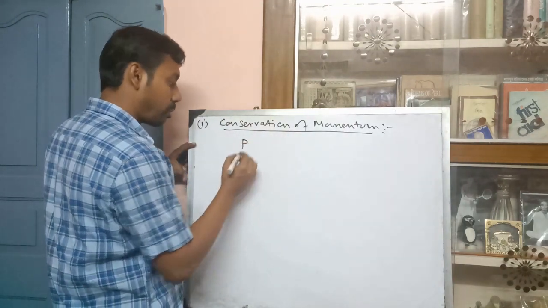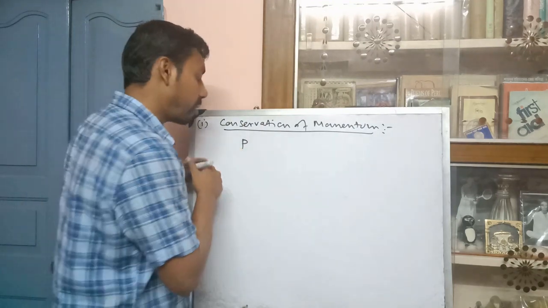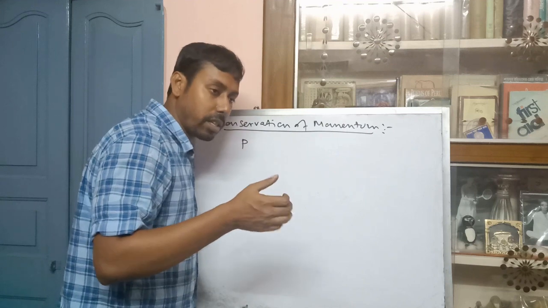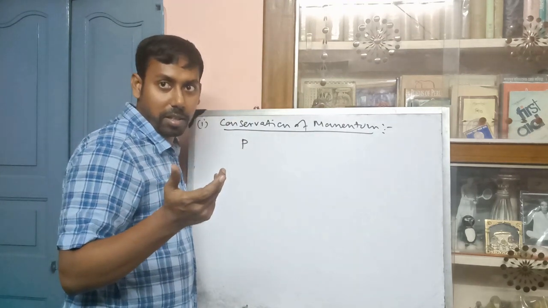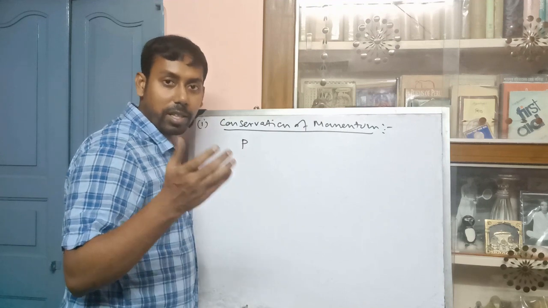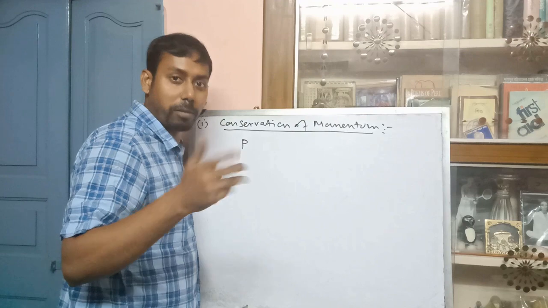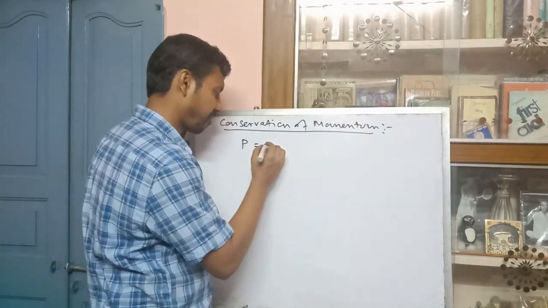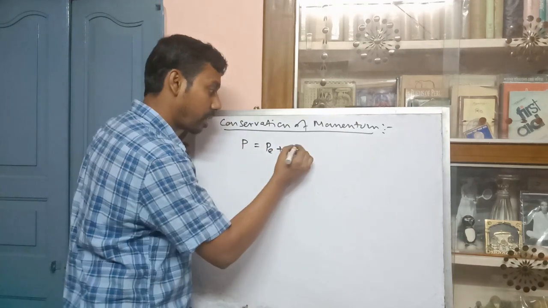Before the collision, the momentum of the photon is p, and the momentum of the electron is 0 because the electron is at rest. If it is at rest, the velocity of the electron is 0, so the momentum of the electron is 0. So only the momentum of the photon, p, should be equal to the momentum of the recoiling electron, Pe, plus the momentum of the scattered photon.